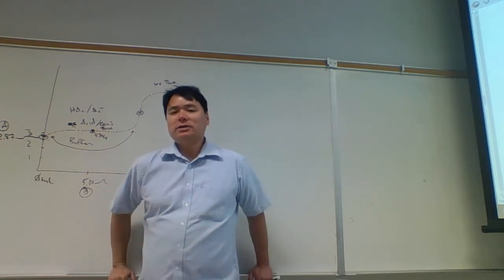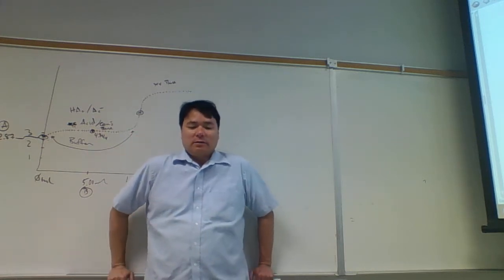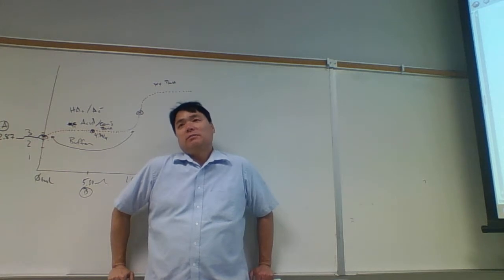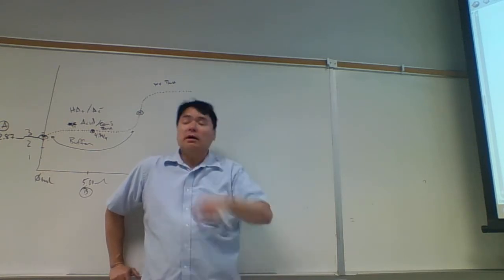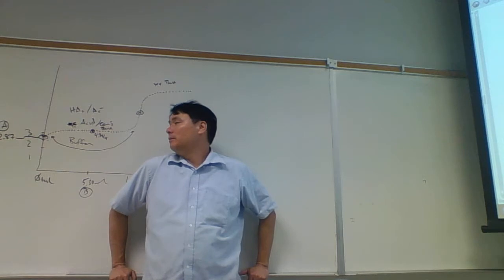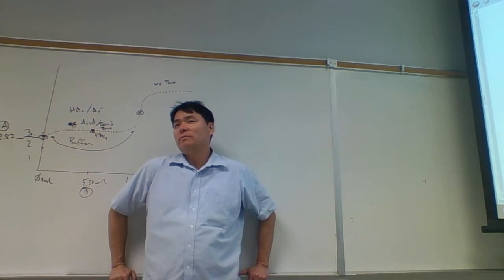But the buffer range is for practical application of the buffer. To make a practical buffer using this system, we wouldn't want to go beyond 3.74 to 5.74. Because what would happen if we go beyond?